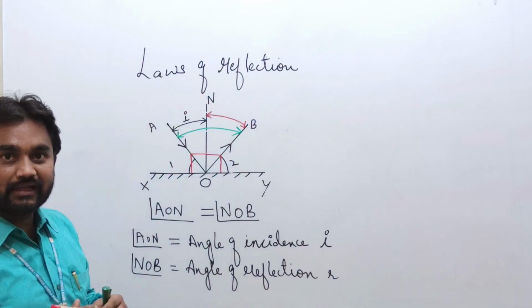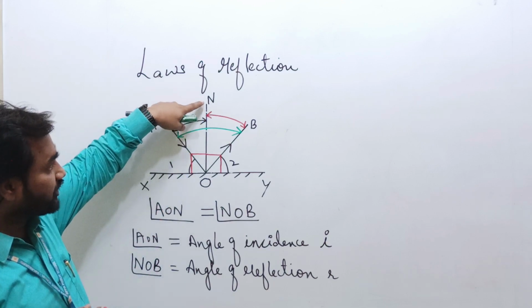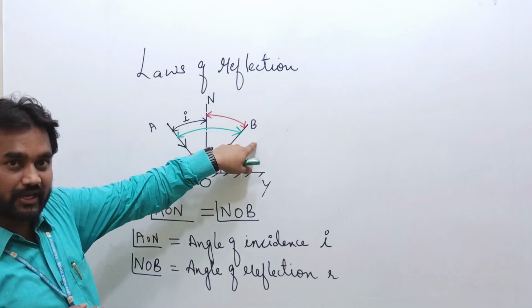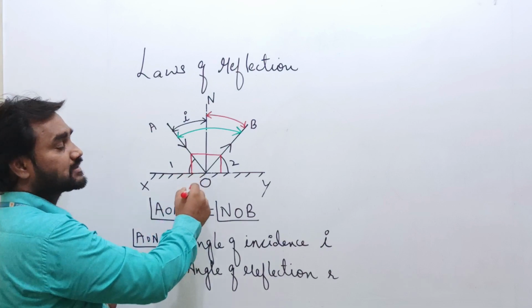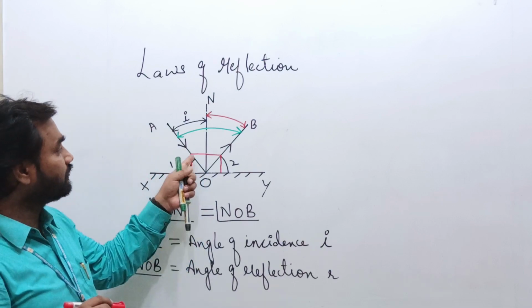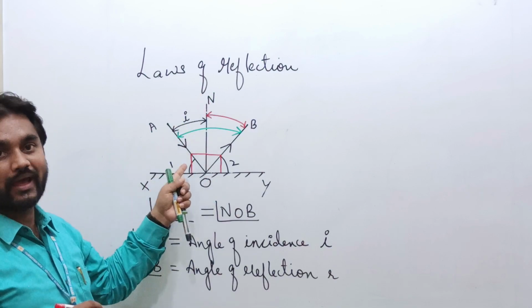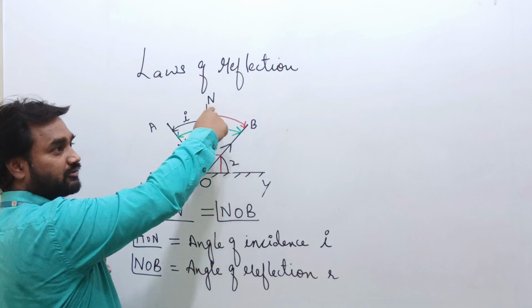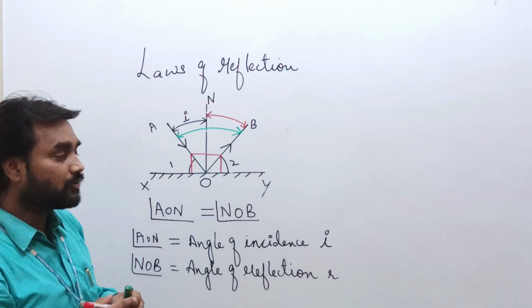An angle should be named by three vertices, that is NOB, with the vertex in the center, or you can simply say angle O. But here we have two different angles. NO is bisecting two angles, so let us name it by three vertices, NOB. Understood now?